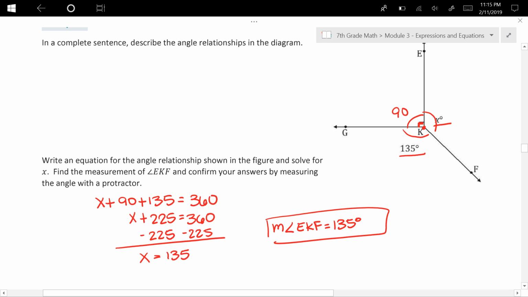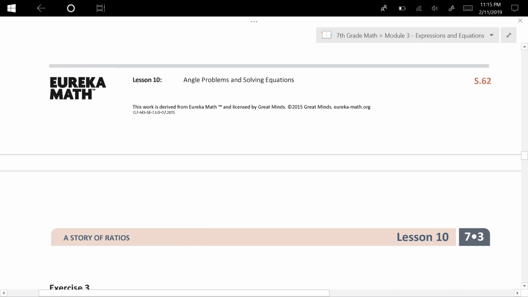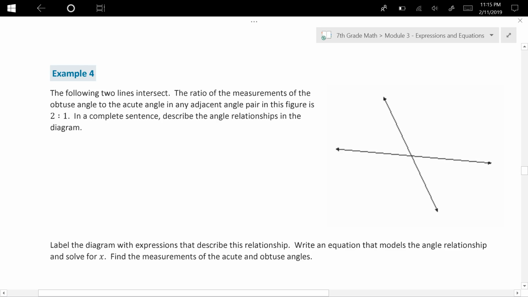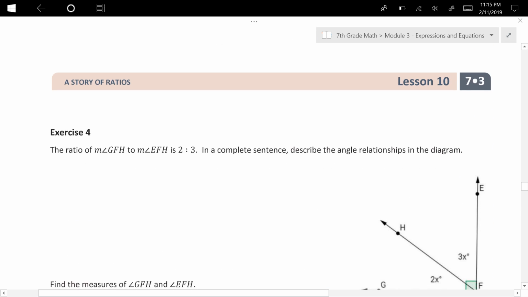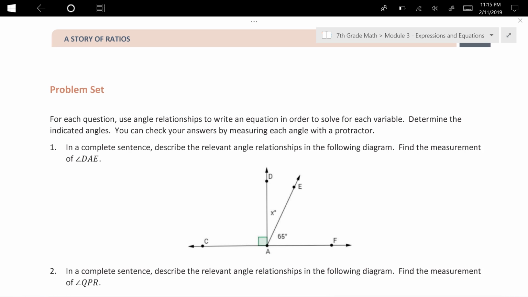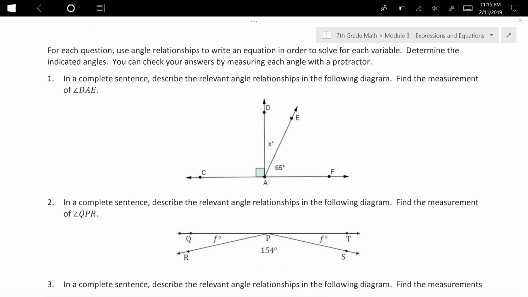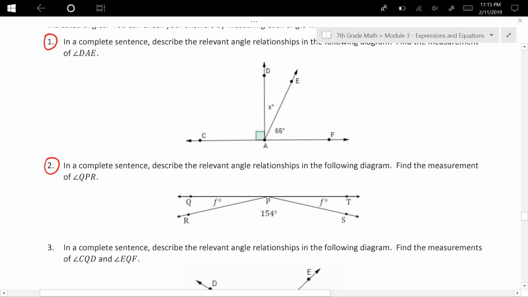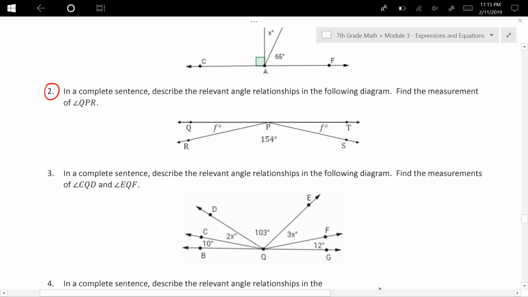Okay, so let's see, what do I want you to do for homework tonight? So let's go on over to the problem set. Here it is. So let's have you do question 1, question 2, question 3, and question 4.